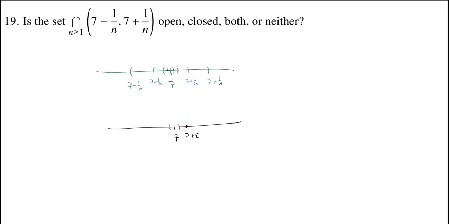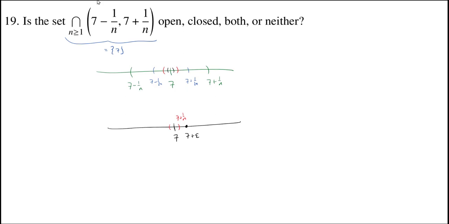I know that there is some 1 over n which is less than epsilon. And so this could be 7 plus 1 over n. And now this 7 plus epsilon is not going to be in the intersection. So in fact, if I take the intersection of all of these open intervals, I simply get a single point set, sometimes called a singleton set, the set {7}.